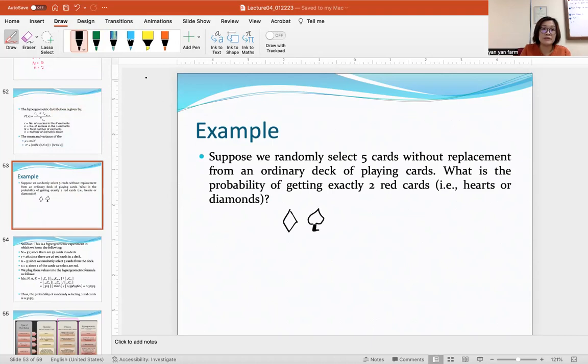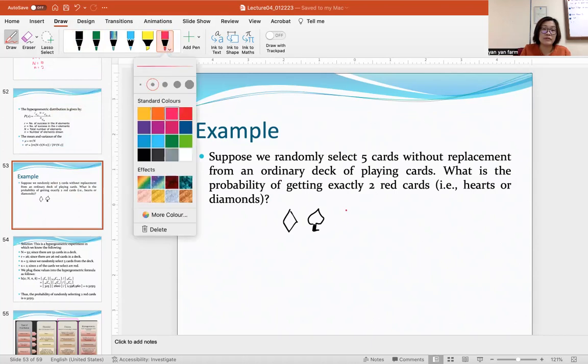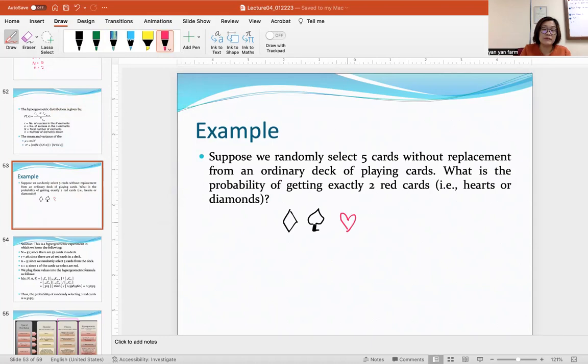Okay, something like this. And we have the heart. What else? I think this one is red. Okay. And another one I can't remember. Let's have a look.